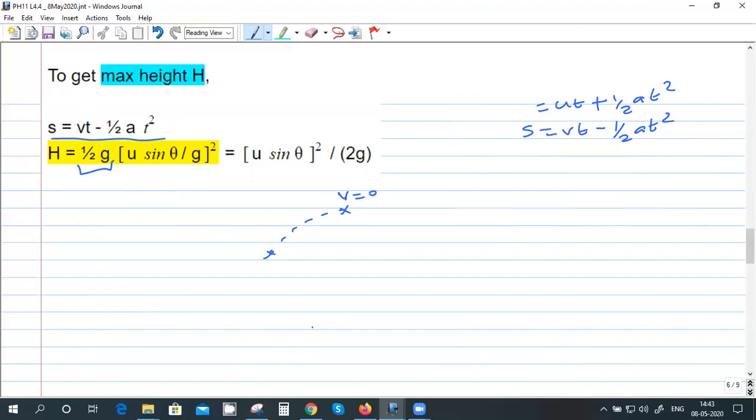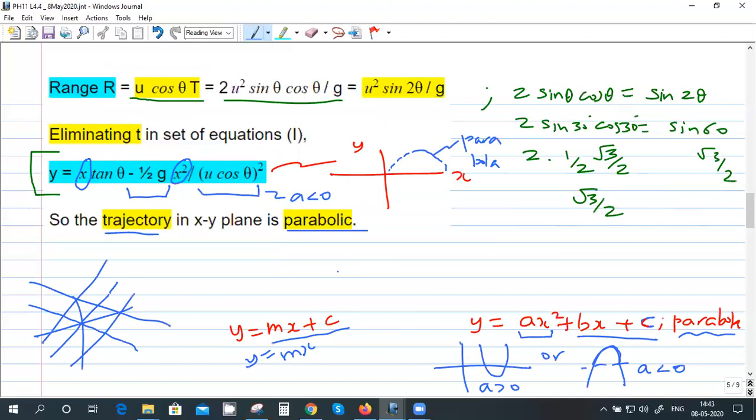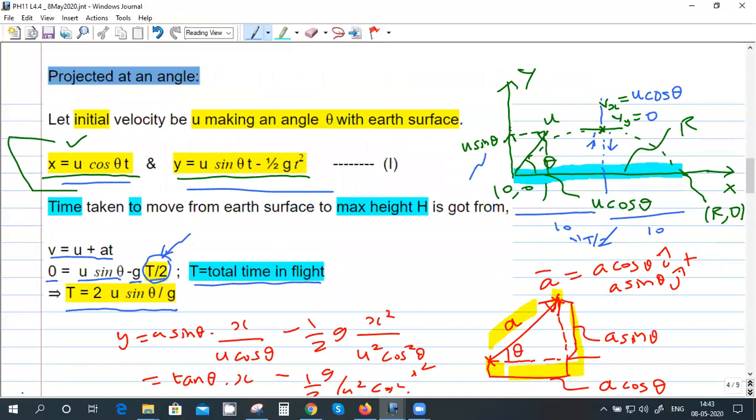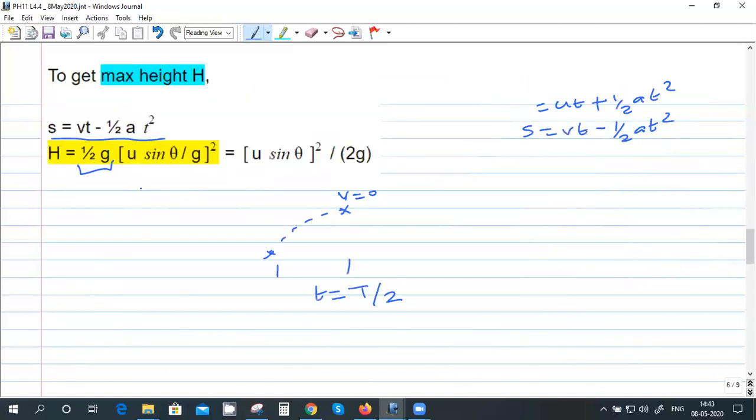T is capital T by 2 because t is the time from here to here. It is half the thing. So this time is the total time divided by 2. And total time we have found out earlier is 2 u sin theta by g. So half time will be u sin theta by g.